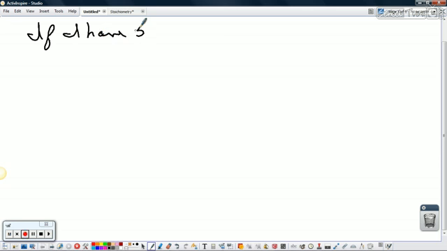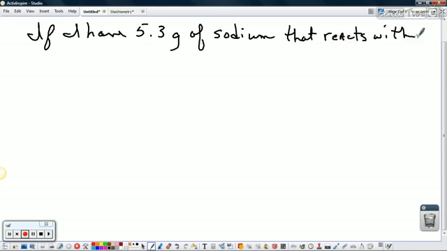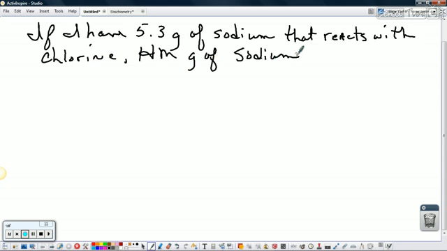If I have 5.3 grams of sodium that reacts with chlorine, how many grams of sodium chloride will be produced?